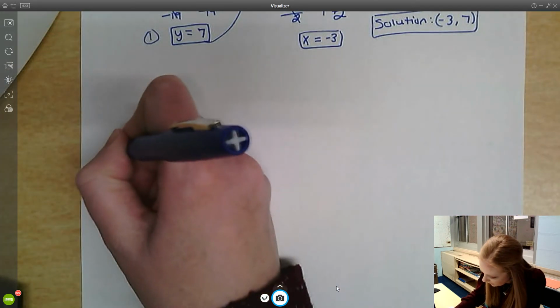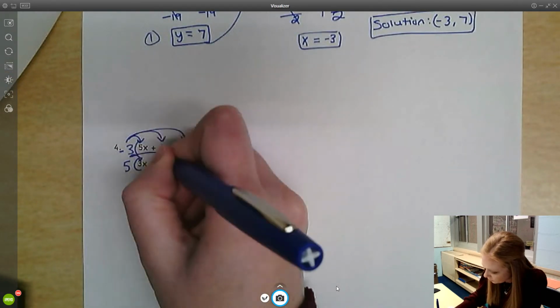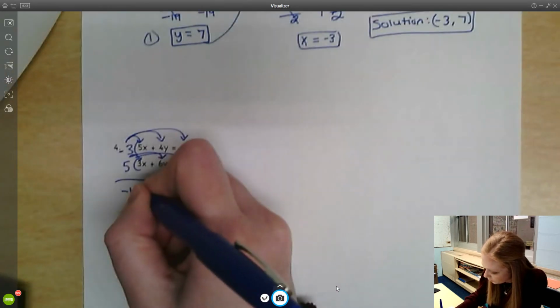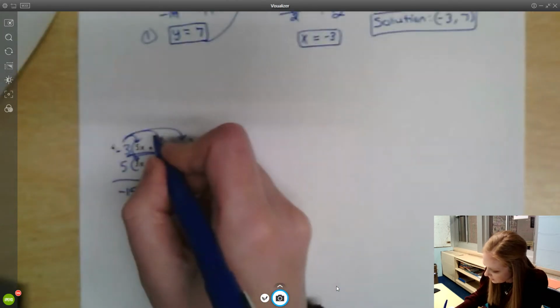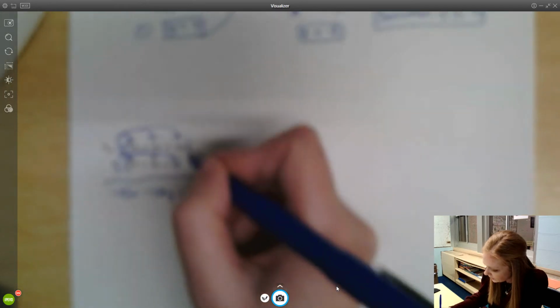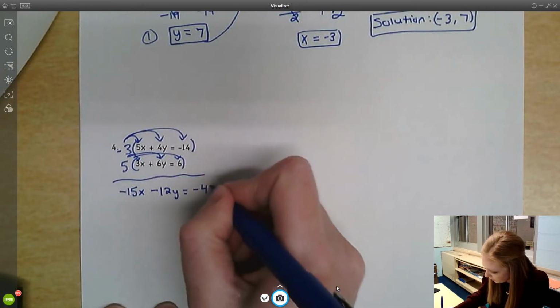We need to make one of them negative. So I'll just make the first one negative and let's distribute. Our new equation, negative 3 times 5x is negative 15x. Negative 3 times 4y is going to be negative 12y. And negative 3 times negative 14 is going to be negative 42.